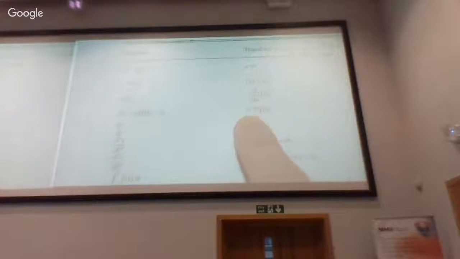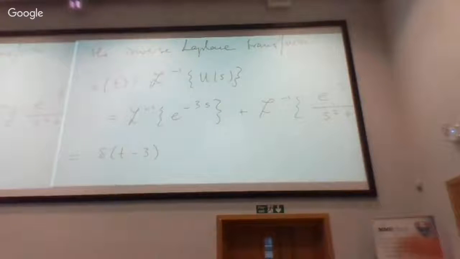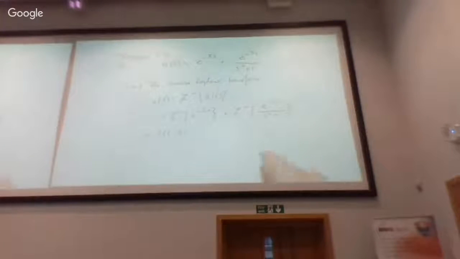That's the exponential e to the minus as times f bar of s. So that's what we're looking at here. You've got this exponential e to the minus 3s, so a is 3, and that's multiplied by 1 over s squared plus 1, which is the transform of the function sine of t.